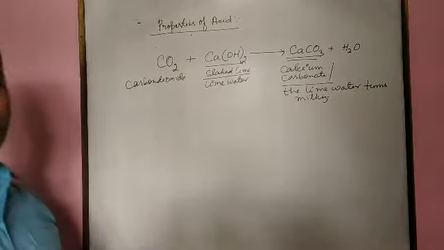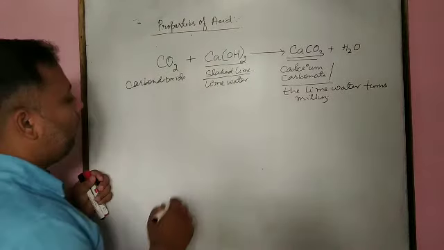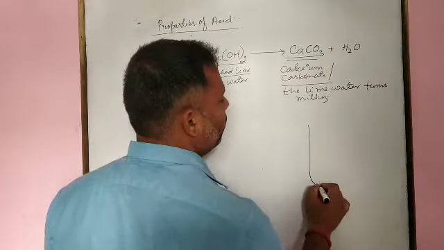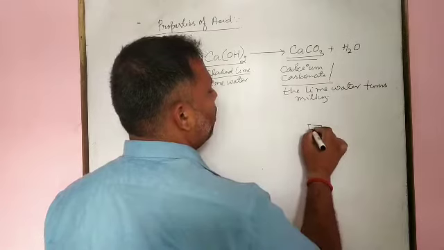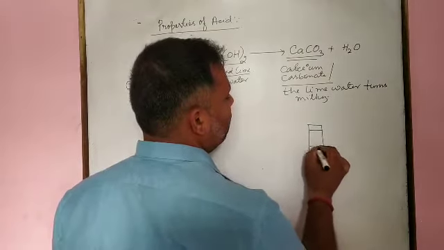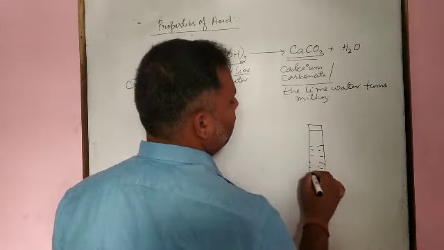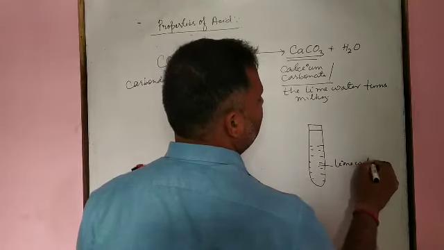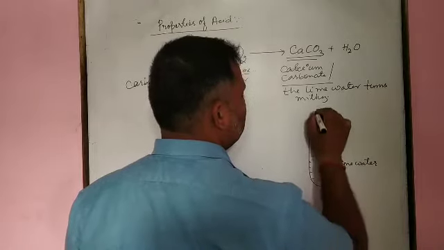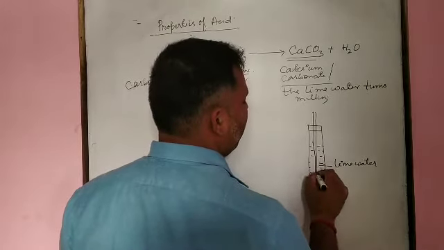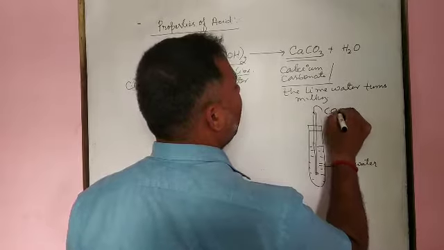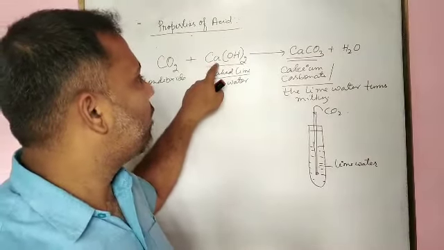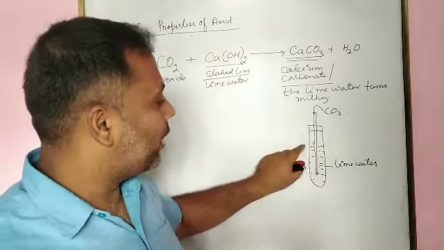How to do it? Let us see. If we have lime water in a tube, this tube contains lime water. When we bubble carbon dioxide into it, this carbon dioxide will react with the slaked lime and form calcium carbonate.